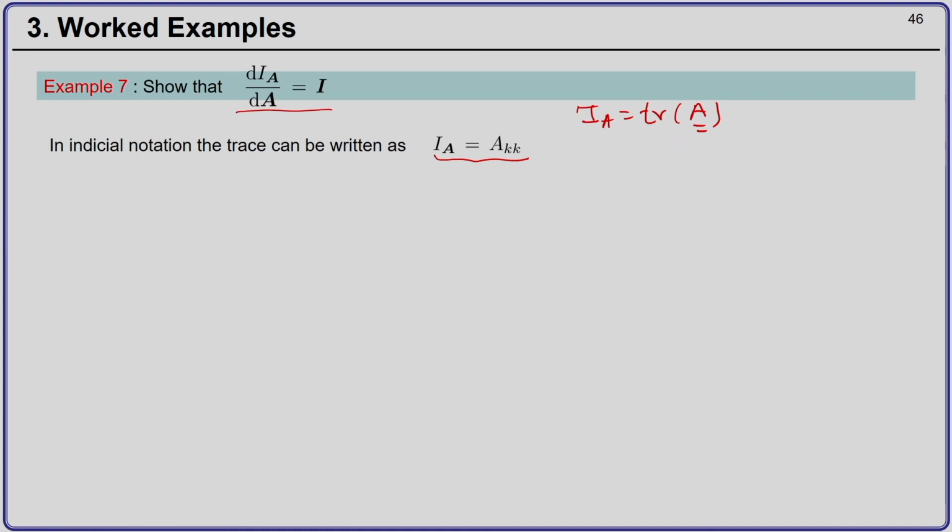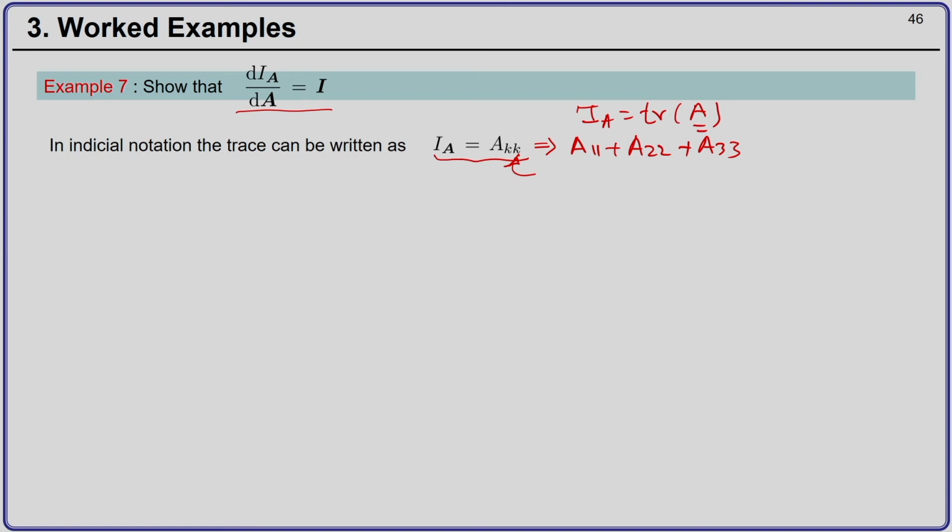And then in indicial notation, you can write that as A_kk. So, this is nothing but A_11 plus A_22 plus A_33. Because if you remember the rule for indicial notation, whenever an index is repeated twice, then a summation is implied unless you have specifically said that the no sum rule is valid.